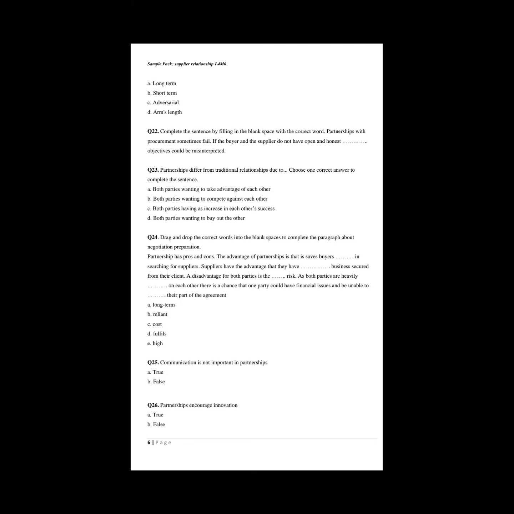There is a chance that one party could have financial issues and be unable to fulfill their part of the agreement. So that's the disadvantage. You see, you could answer the question.